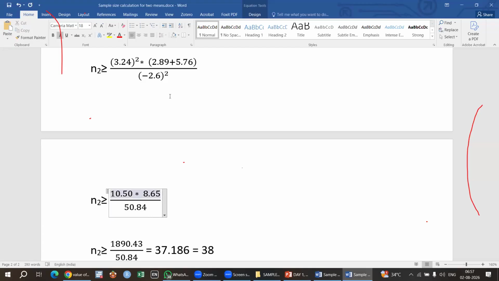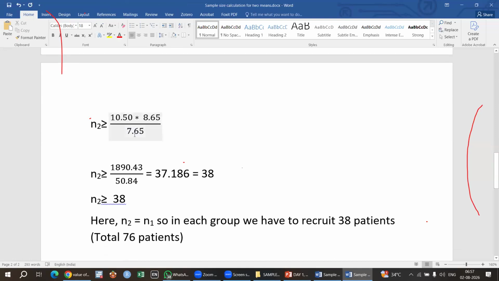Minus 2.6 square. Please tell me. 7.65. Okay, very good. So please write down 7.65.